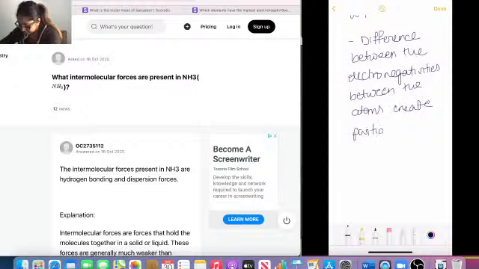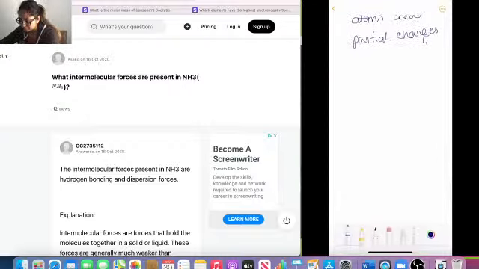So the key difference between dipole-dipole and hydrogen bonding would be that dipole-dipole interactions are formed between other elements besides hydrogen. But the common thing between them is that you have electronegativity and you have partial charges. So you have to take into account the partial charges, where the more electronegative an atom is, that's the one that will have the partial negative charge. And so our last one would be London dispersion forces.